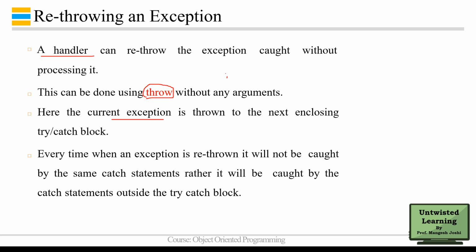Here the current exception is thrown to the next enclosing try catch block. Every time an exception is rethrown, it will not be caught by the same catch statements. Rather, it will be caught by the catch statements outside the try catch block. We will understand this with the help of an example.